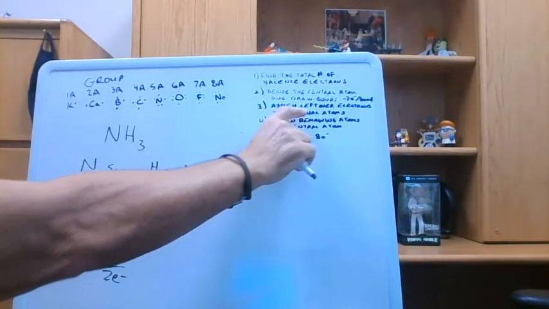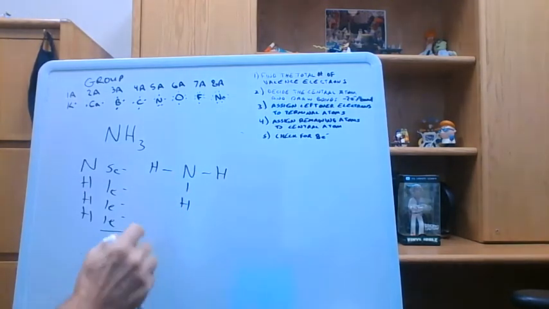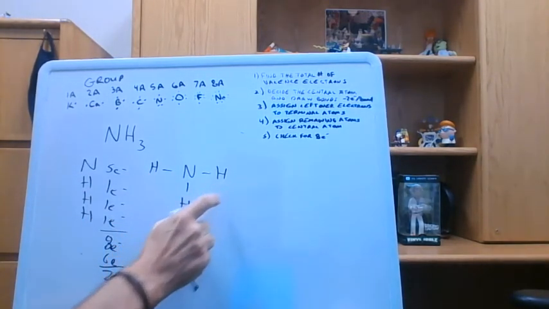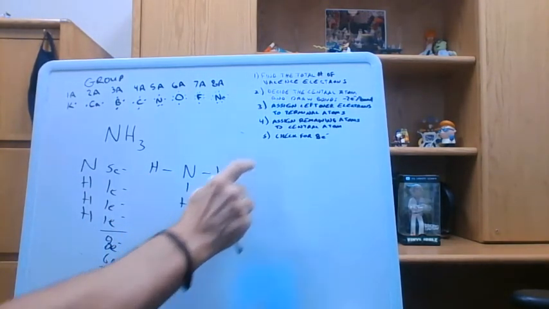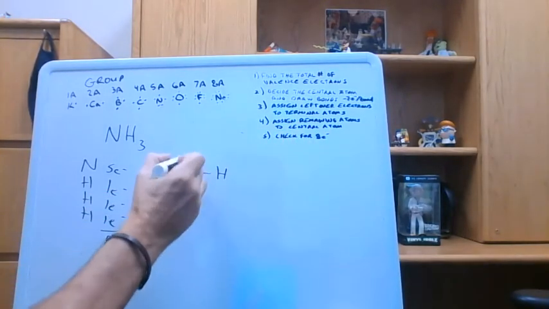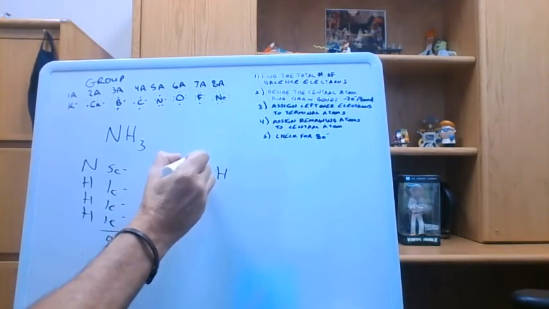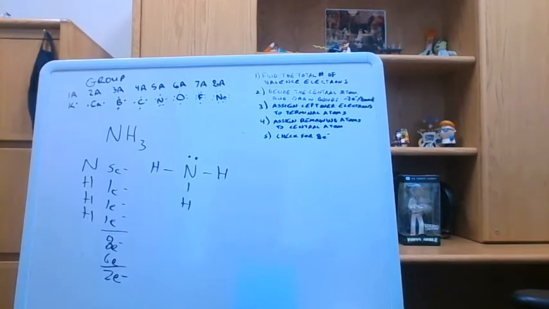Now we're going to assign leftover electrons to the terminal atoms, but hydrogen can't have any more electrons. So then we're going to assign remaining atoms to the central atom. So we're going to put that last pair of electrons right up here above the nitrogen. And so our final step is we're going to subtract those 2 electrons. So that leaves us with 0 electrons left.